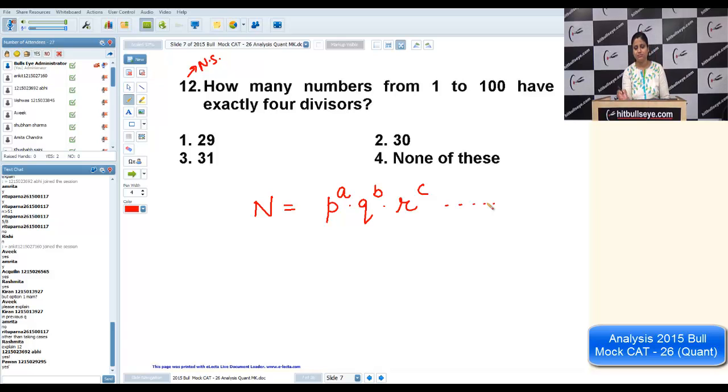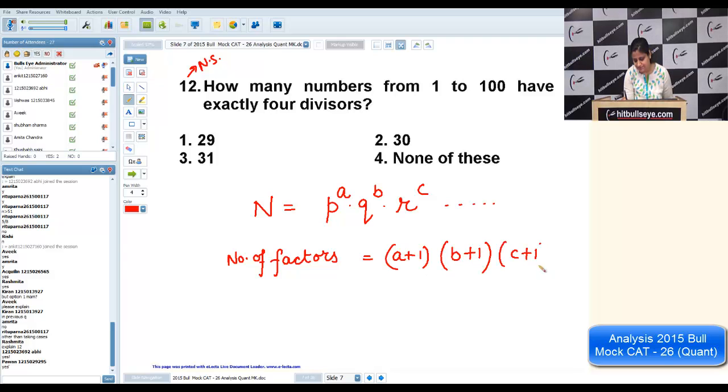I mean, the number is written in prime factorization. So, what are the number of factors here? Number of factors, if we go by formula, it will be a plus 1 into b plus 1 into c plus 1 and so on. That is the formula I'm going to use to solve this sum.